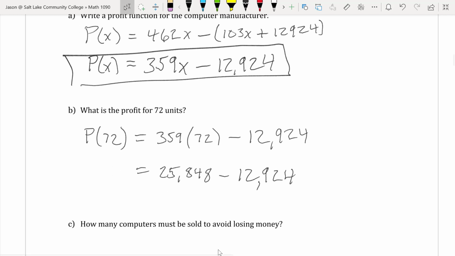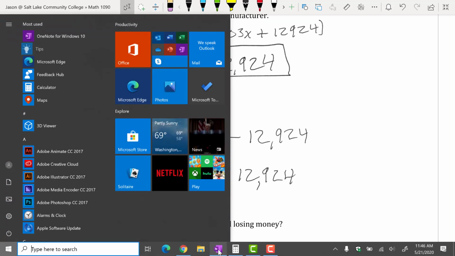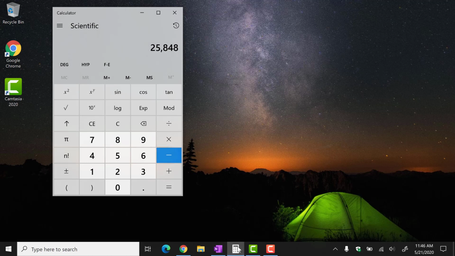Okay, yeah, we should probably do that on the calculator. Let's go back to the calculator and subtract the 12,924. So minus 12,924. Is that right? It's exactly half?